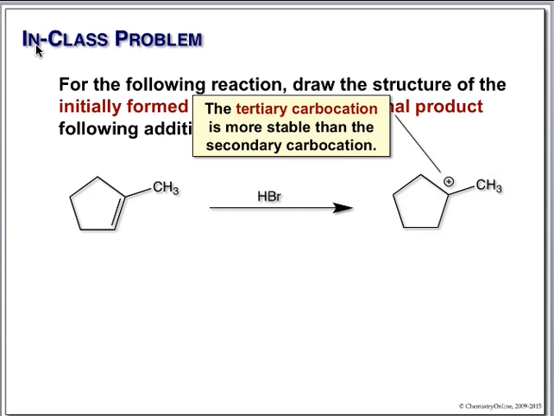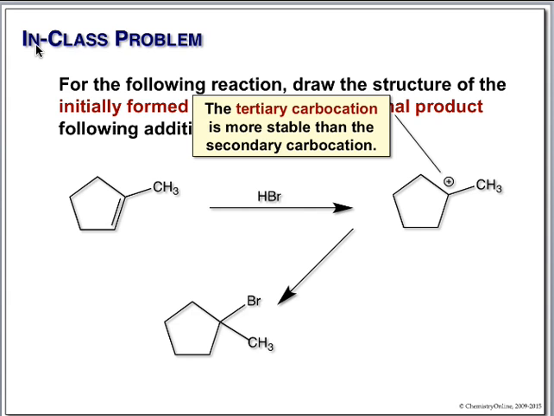Our final product. All we're going to do is take Br-, and add it to the most stable carbocation. So this is Markovnikov regiochemistry. When we do that, we simply generate the tertiary alkyl halide.